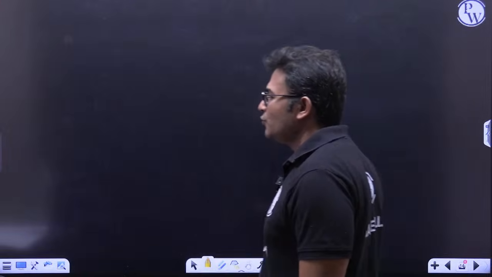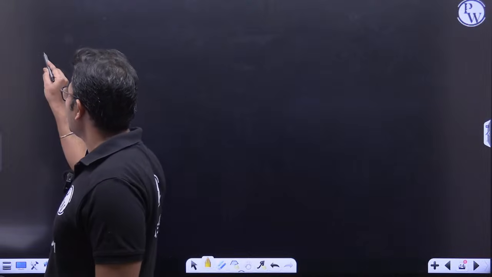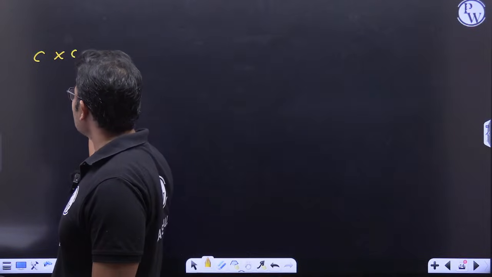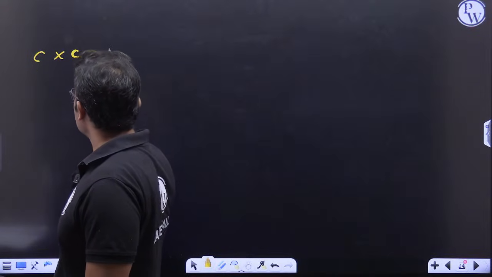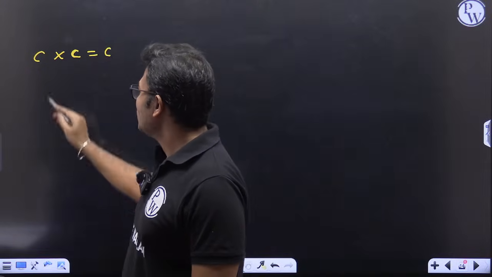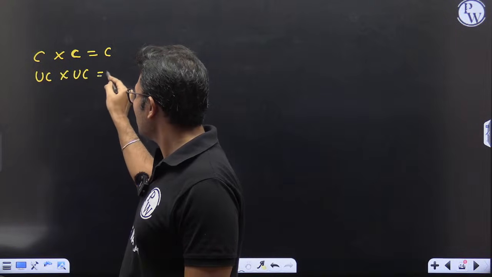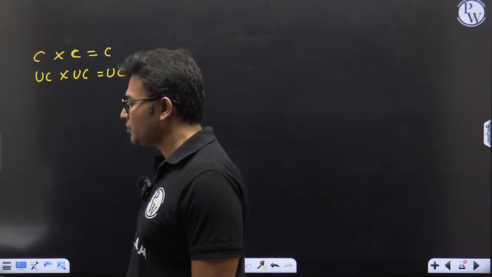Now, there are a few properties that you have to understand. If I take the cross product of two countable sets, then the cross product is going to be countable. If I take the cross product of two uncountable sets, then the cross product is uncountable.